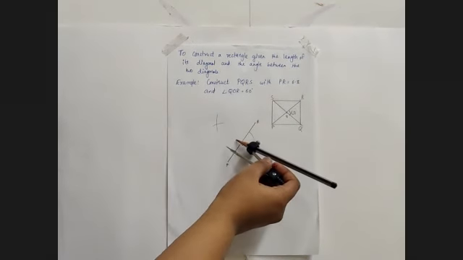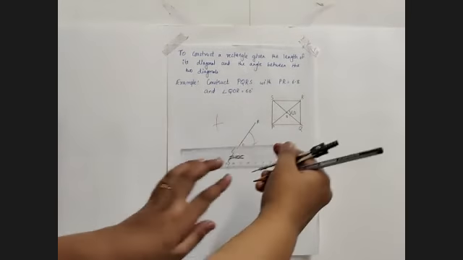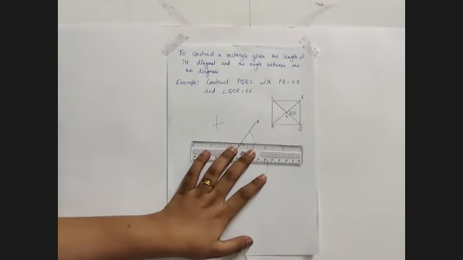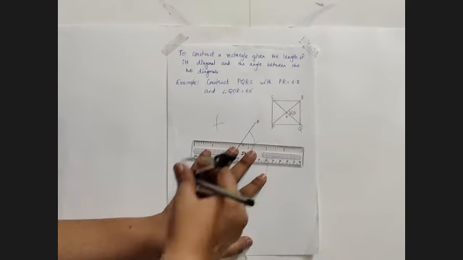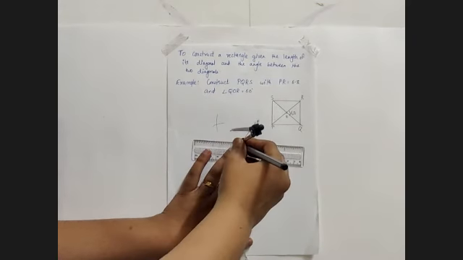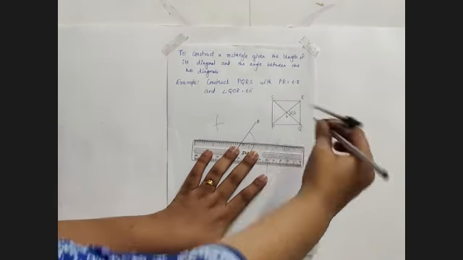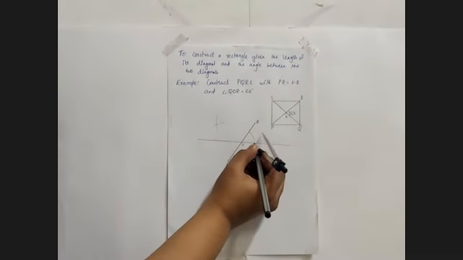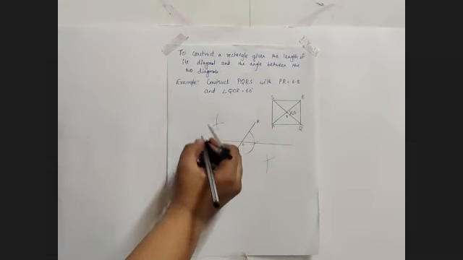So now this point and O, we will join these 2 points. We will draw a line as we want to construct the other diagonal also. Right? So this is my ray XY.